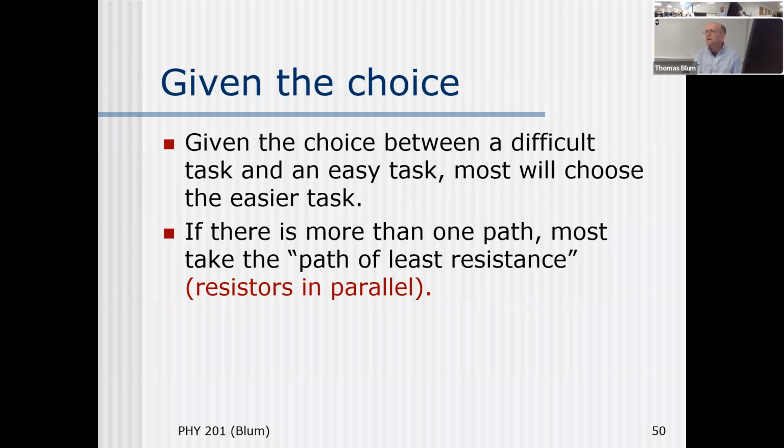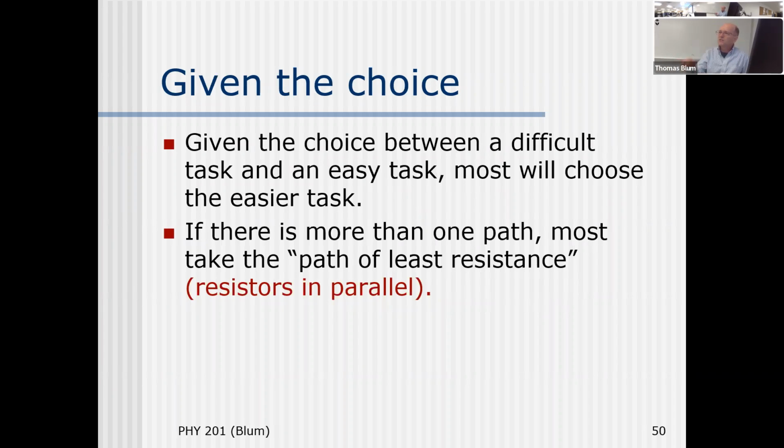Okay. Now that was resistors in series. We're going to do resistors in parallel. So now we're going to have our choice of tasks. We're going to have multiple paths, one way or another way to move through the system.